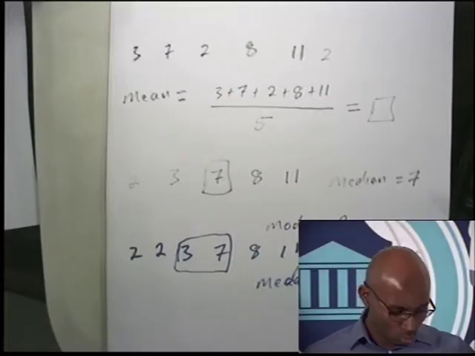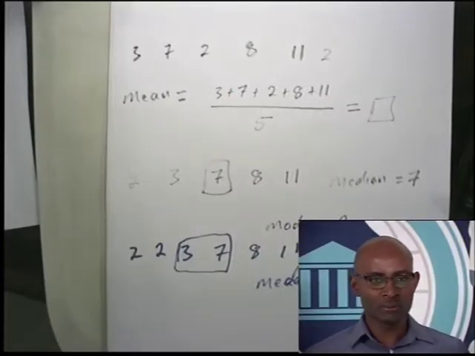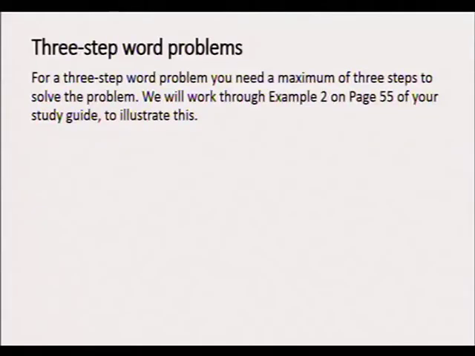Good, and then we move on to the third problem, which is called the 3-step word problems. This is the type of problems that you need a maximum of 3 steps to solve.